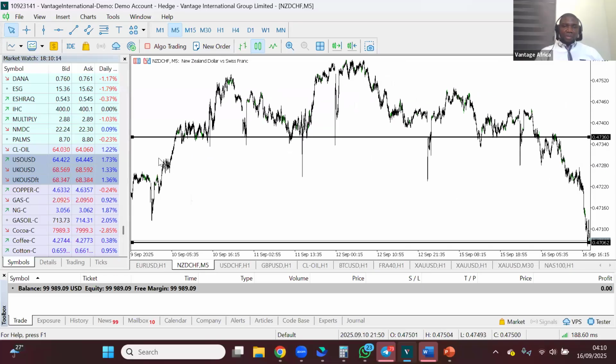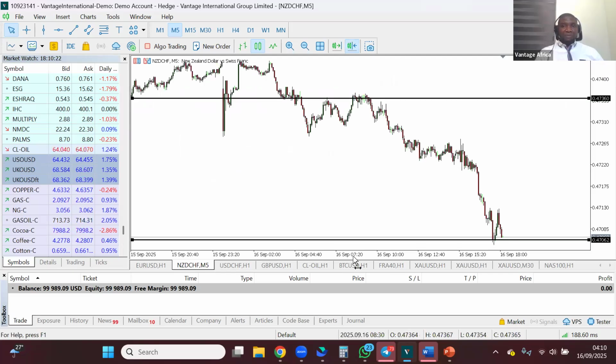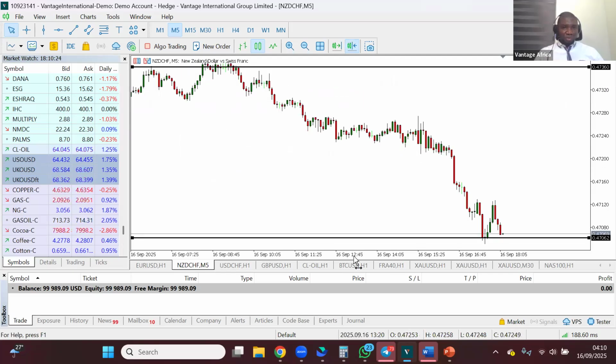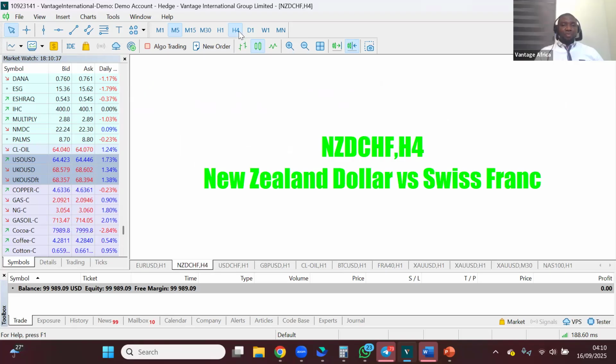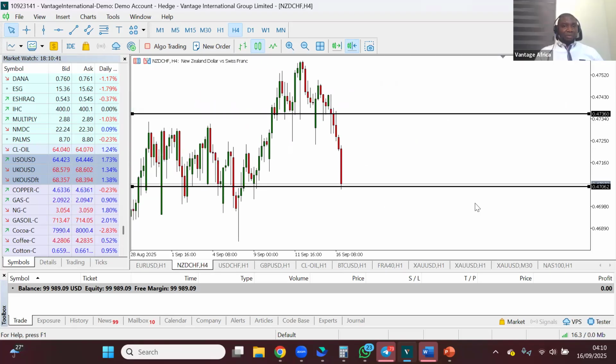This class is not really a class where we go deep into trends. On a different class, we'll do that. But on time frames, I want to point out that it matters where you are seeing the market from. If you're looking at this, you can see how price is moving all the way down. Now, if you go to a higher time frame like H4, the market is still moving down.